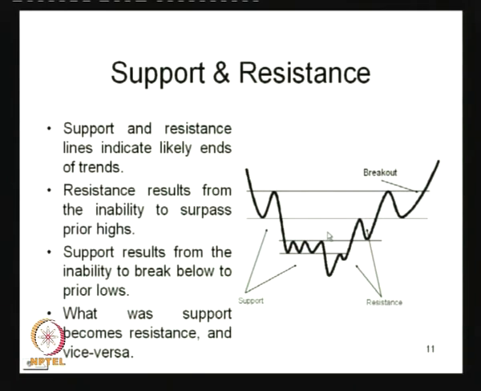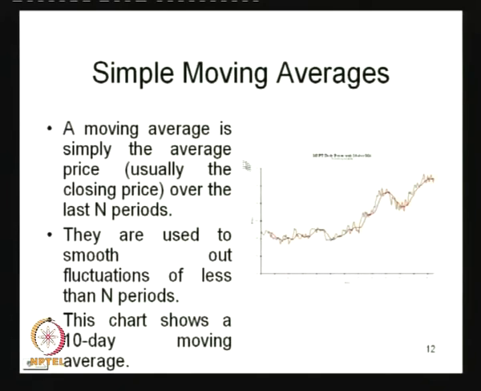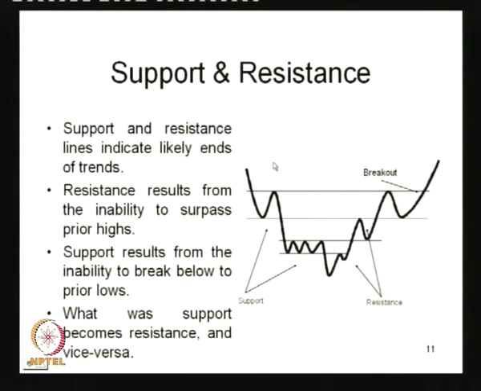Sometimes this resistance line can also become a support line in the future if the same bullish trend prevails in the market for a reasonably long period of time. That is why here we have seen there is a break. Once the break has occurred, a new resistance line can be drawn, where the investor can expect that the prices may go up further depending upon the price trend in the future.